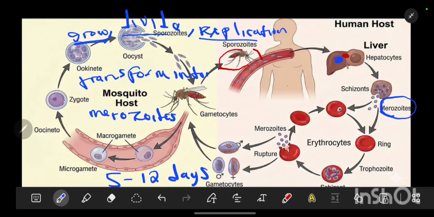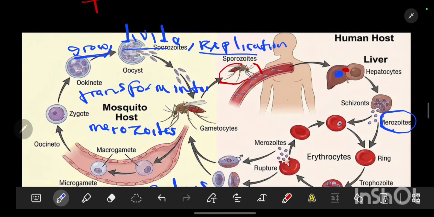When they transform into merozoites, there is a general increase in the temperature, which harms the liver cells, which we are going to call the hepatocytes. So they damage the liver cells, which we are calling hepatocytes.